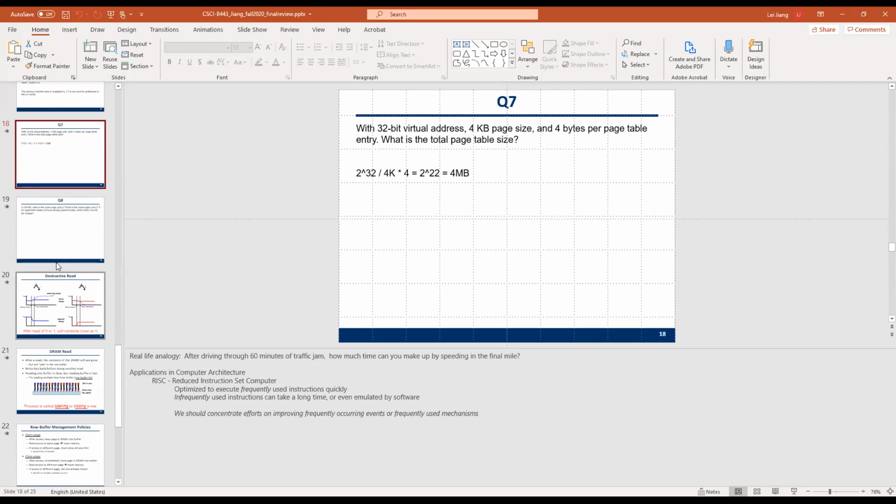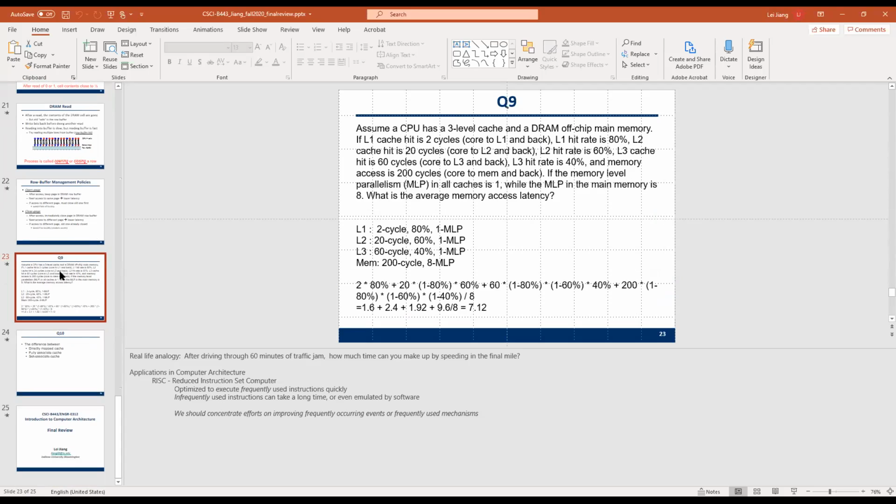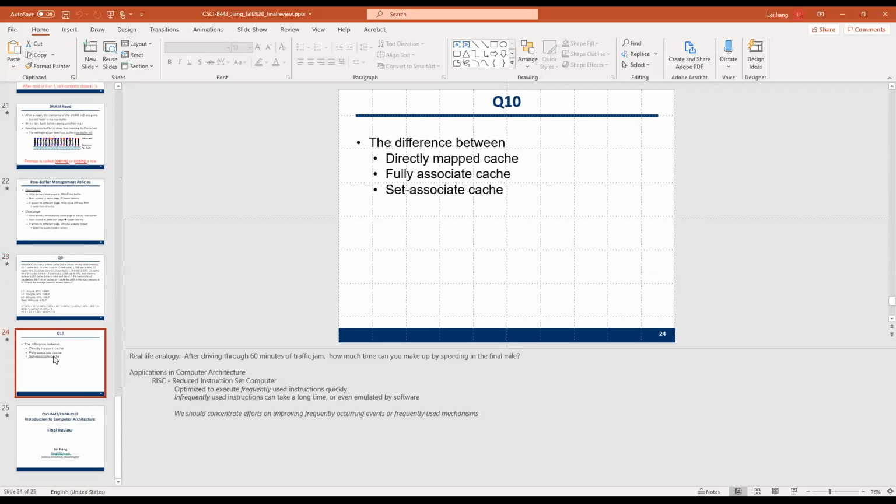Q7 is virtual memory. Q8 is DRAM. Q9 is a combination of DRAM and cache. Q10 is still cache. That's all. Cache, DRAM, 5-stage pipeline, virtual memory.